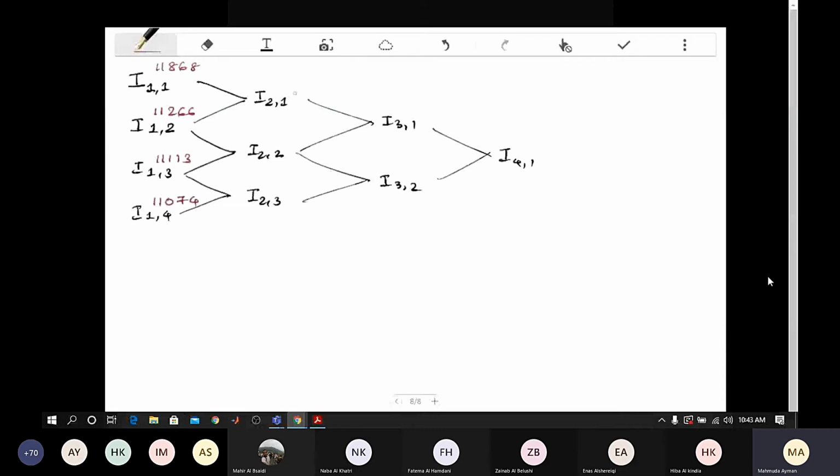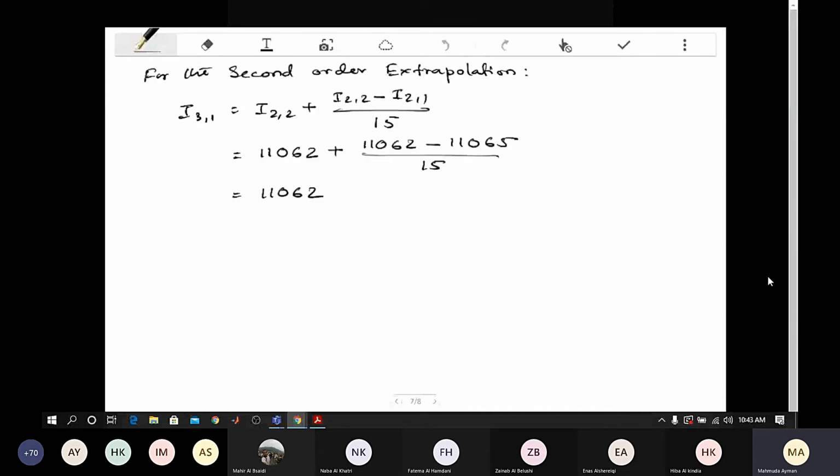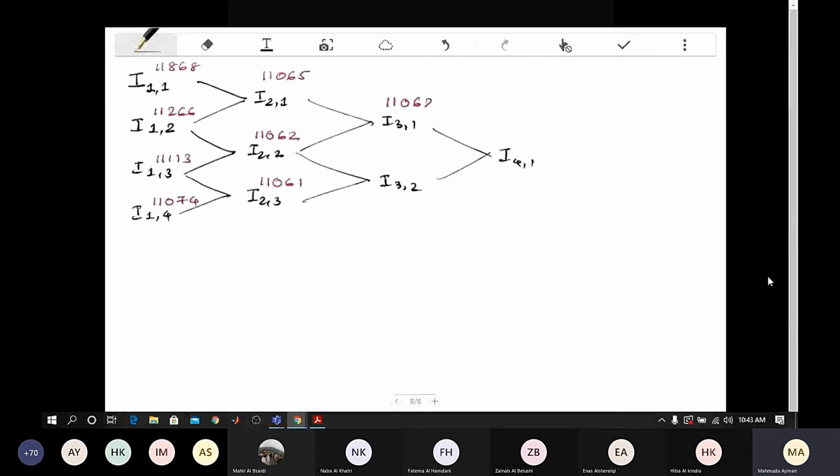We have derived these values: for 2,1 we got 11065, for 2,2 we got 11062, and here we got 11061. And now we just calculated I3,1, where we got 11062. Can you all calculate the value of I3,2 and give me?